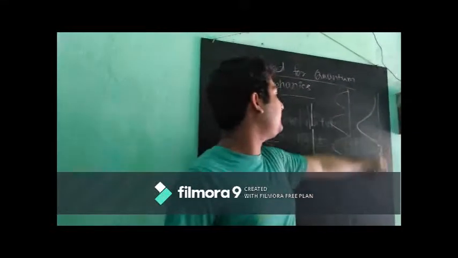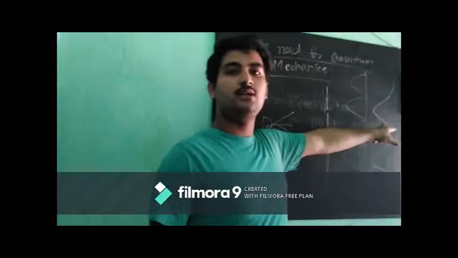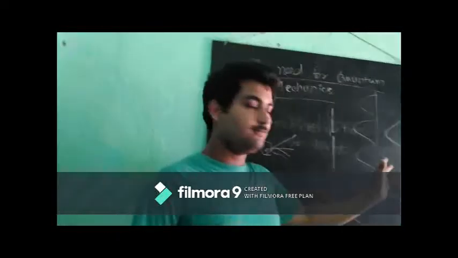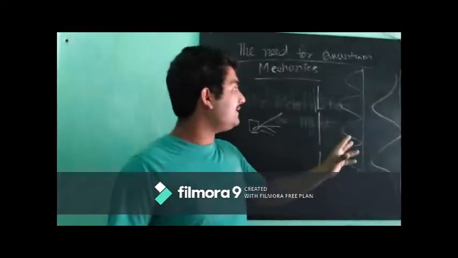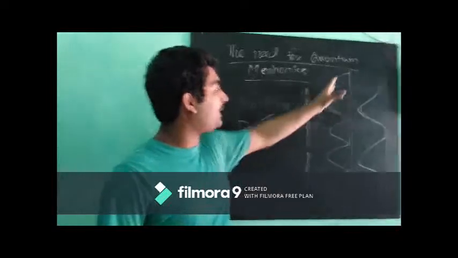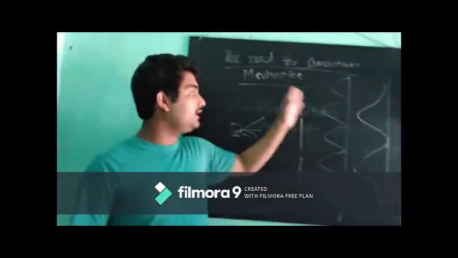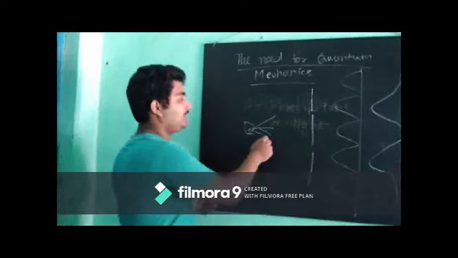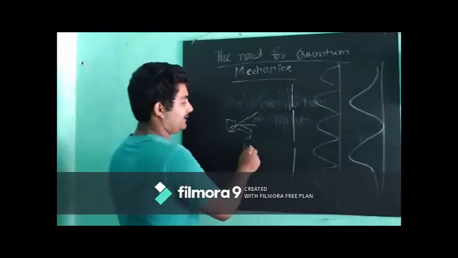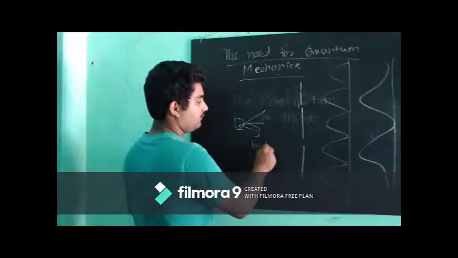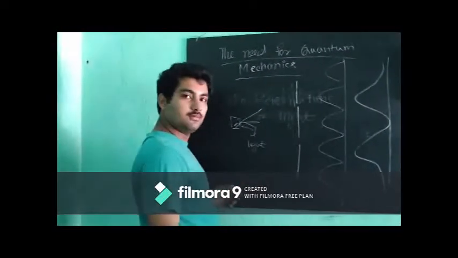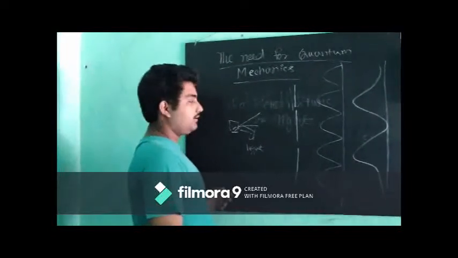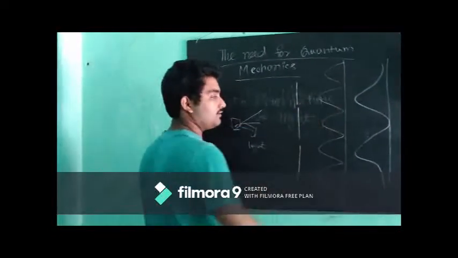But what you see is that the electron gives the pattern of this, and this pattern is only given by a wave. If instead of electrons there is light, we'll have this one. So light is a wave and gives this one.